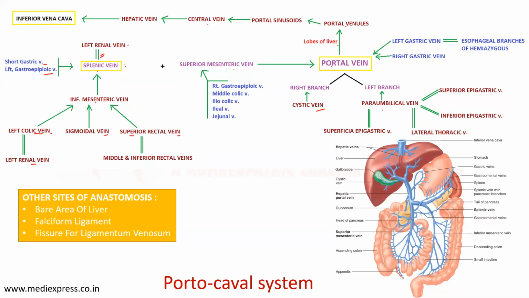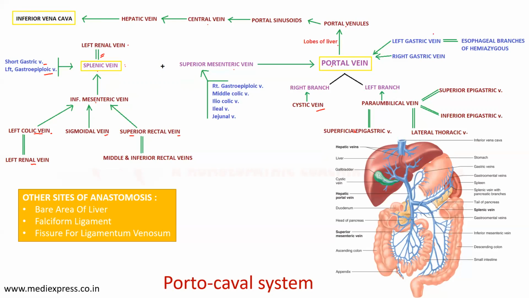In the same way, here you can see the paraumbilical vein has an anastomosis with all the four arteries, that is superficial, so not arteries, veins: superficial epigastric vein, lateral thoracic vein, inferior epigastric vein, as well as superior epigastric vein. Okay, so these are the four veins with which it has an anastomosis. In the same way, the esophageal branches of the hemiazygos also have an anastomosis with the left gastric vein.